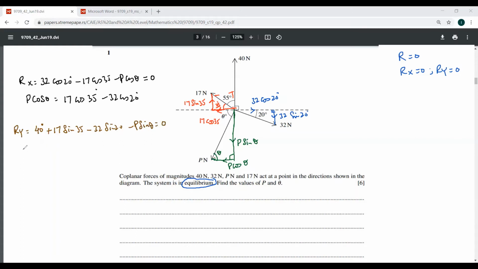So from here, P sine theta equals 32 sine 20 minus 17 sine 35, and then minus 40. I wonder why I put this degree sign on it? There's no degree sign on this 40.